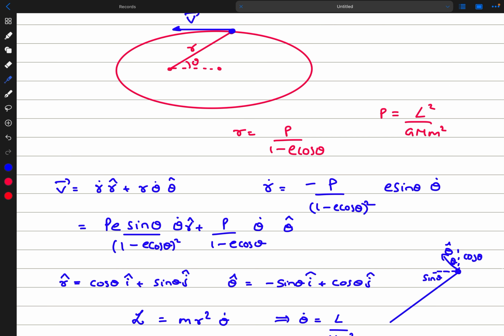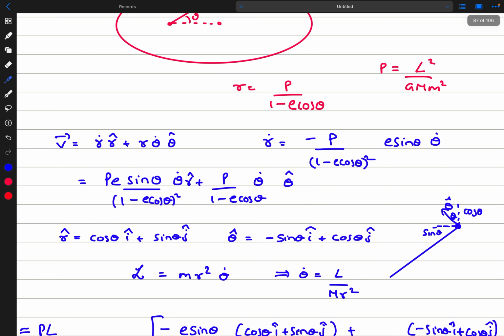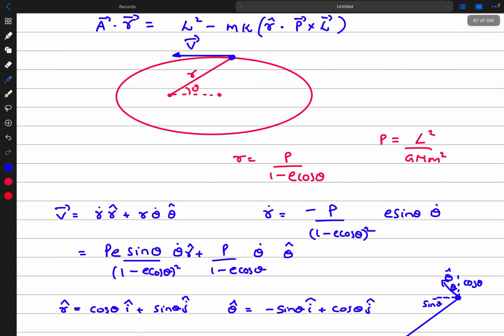So first we'll start with the polar coordinate definition of the velocity vector. If you know this, great. Otherwise, this solution would be hard to understand. Essentially the velocity vector in polar coordinates is represented as r dot, which is the rate at which the magnitude r changes, in the r cap direction, which is along the position vector's direction.